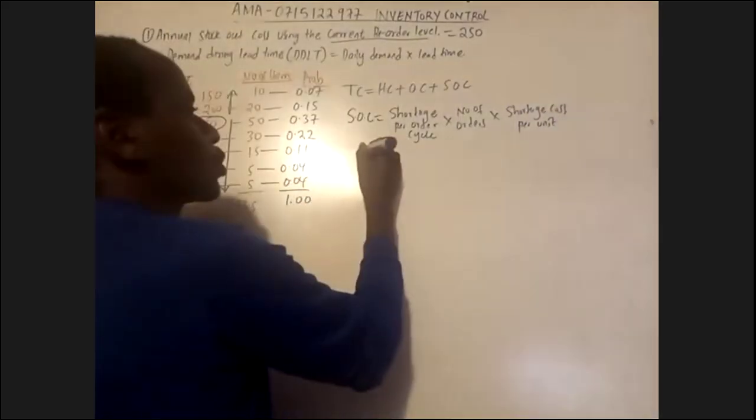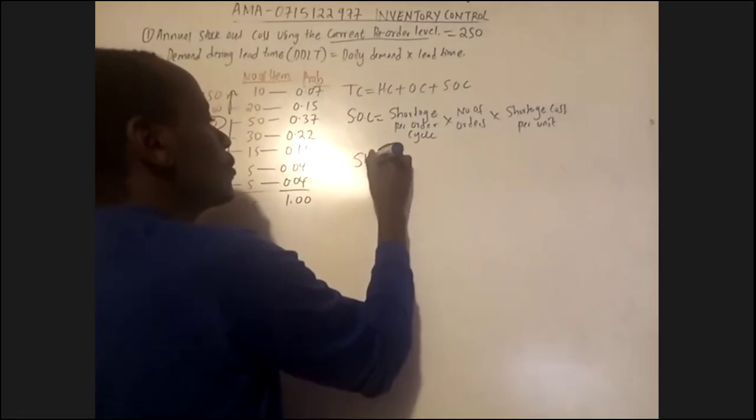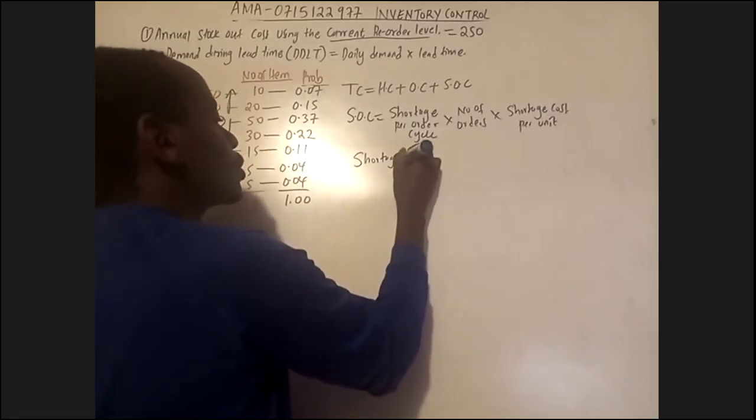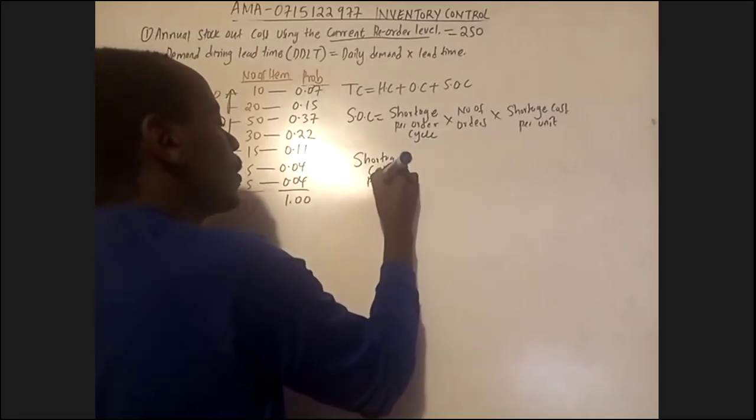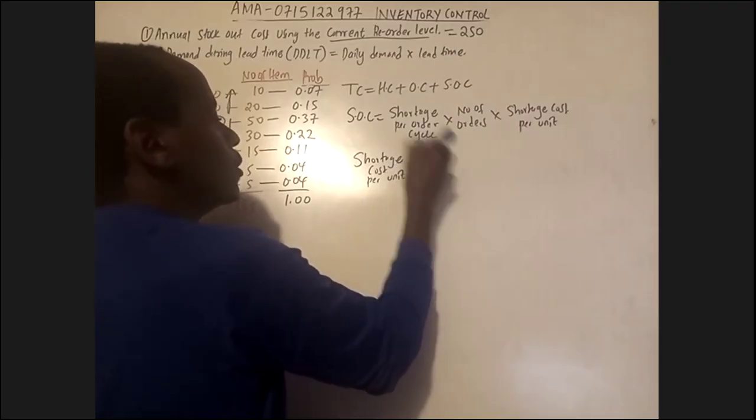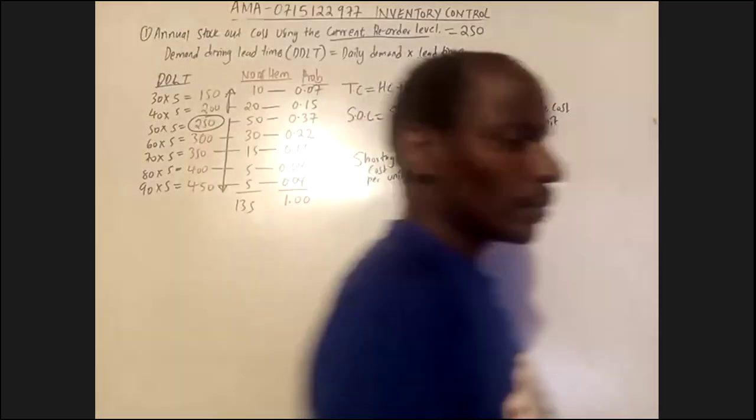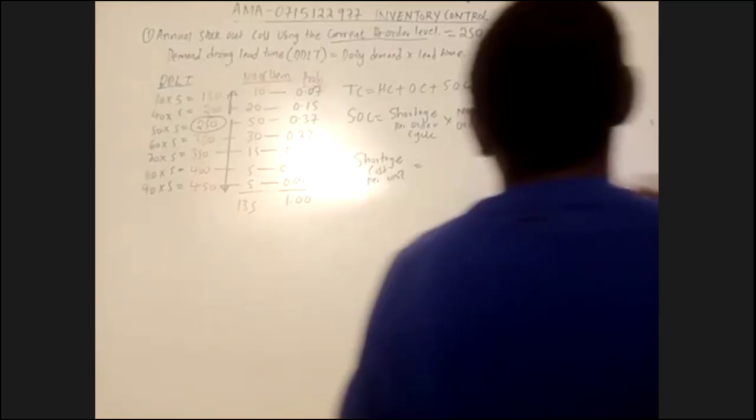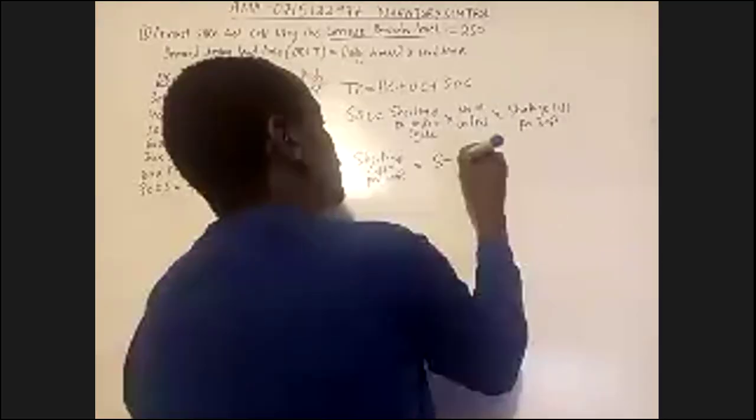But you know how to get shortage cost per unit? Shortage cost per unit ilikuwa ni P S minus P minus H over 2.